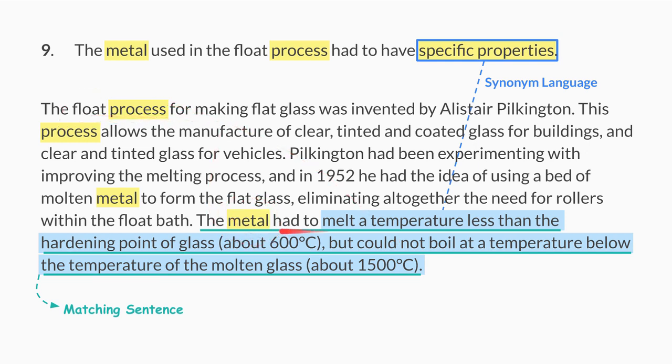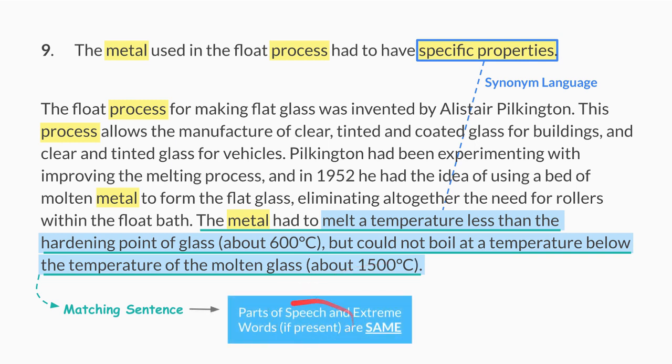The metal had to go through this process. It just had to. Otherwise, it probably would not have worked. So I'm going to say that the information in these two sentences seems to match. The parts of speech are the same. So if the parts of speech are the same, then the answer is going to be true.